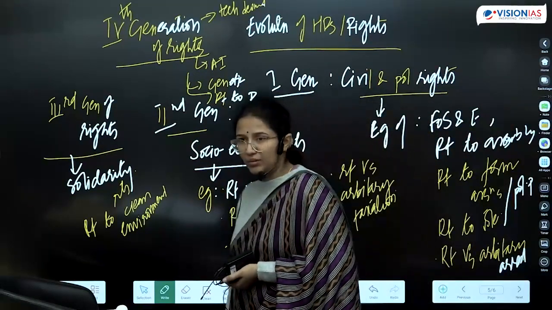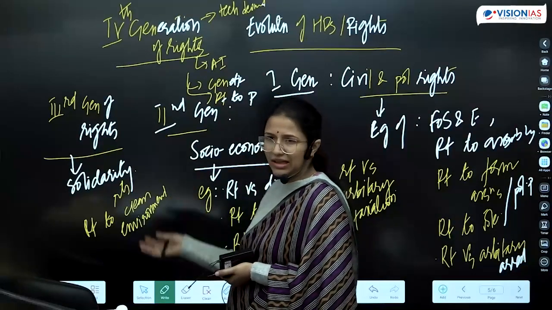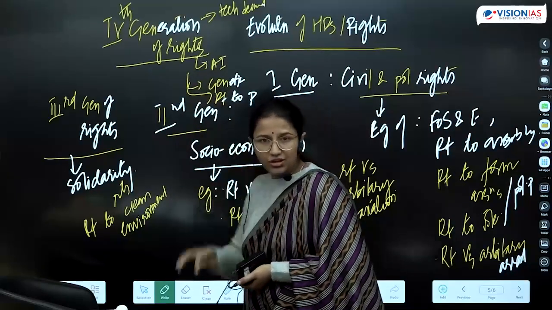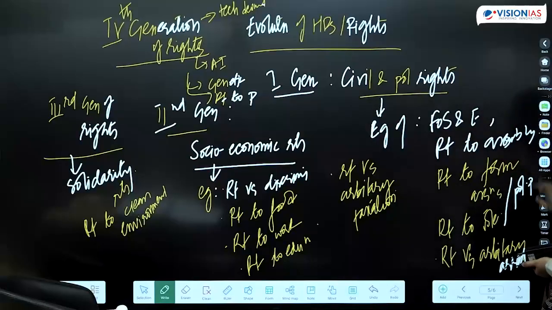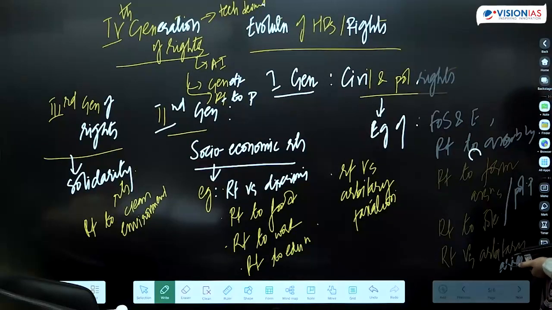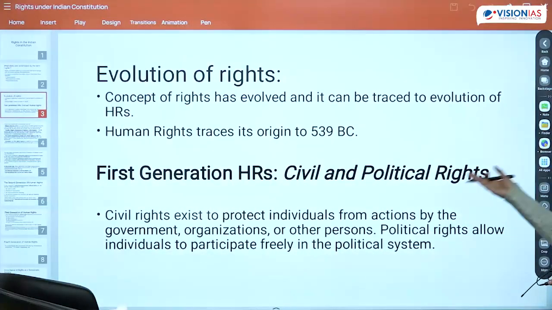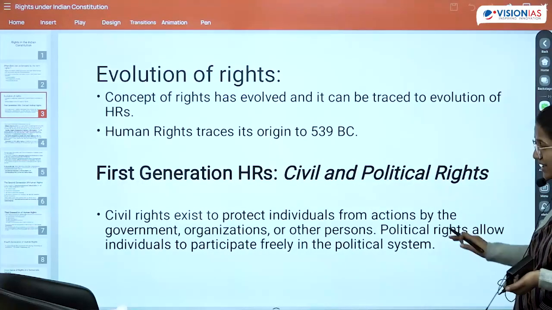Then came a time when we started demanding solidarity rights, right to clean environment, clean water, right against climate change. And then came fourth generation rights with respect to the great advancement in technology by man. Fine. So this is how rights have evolved, and this is the evolution of human rights as well as general rights.